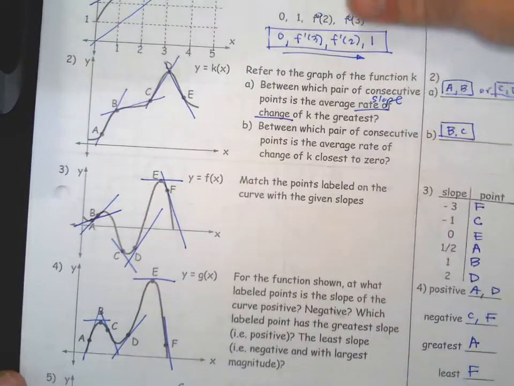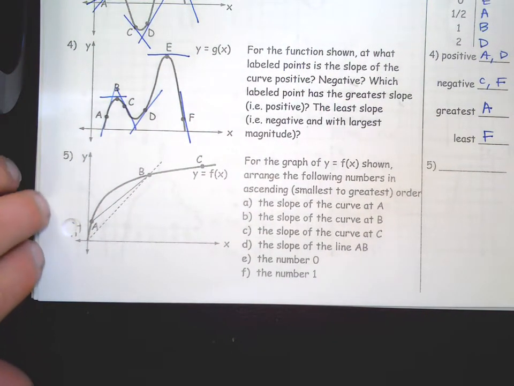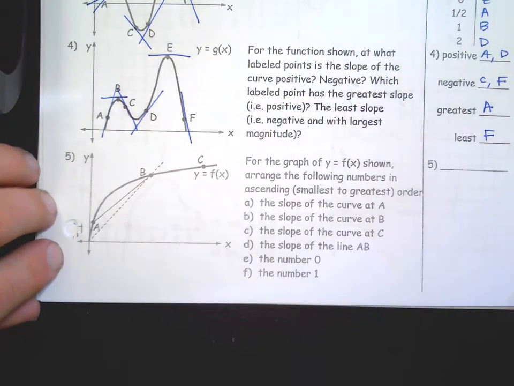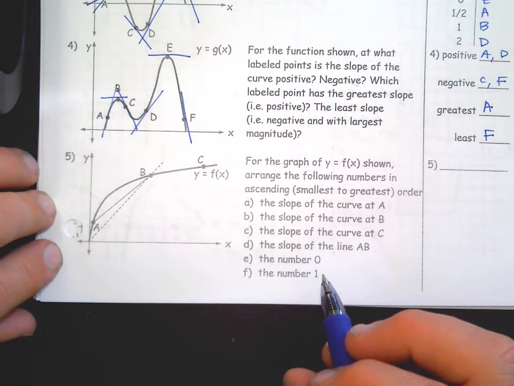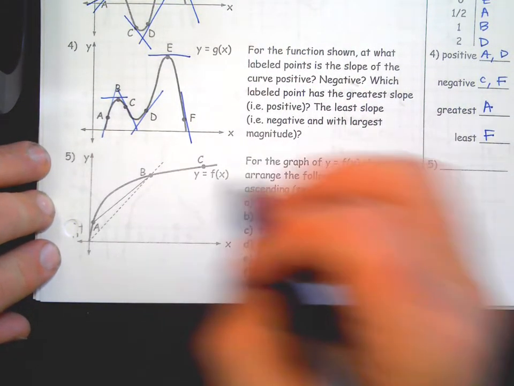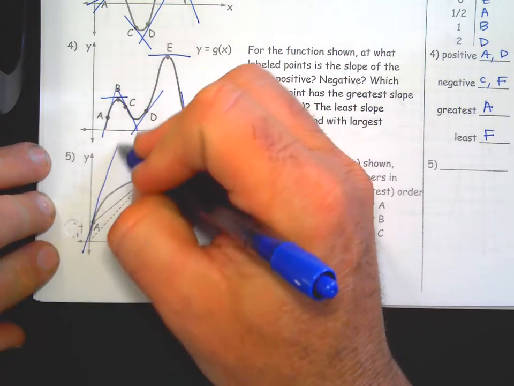Number 5 says, for the graph of y equals f of x shown, arrange the following numbers in ascending, smallest to greatest, order. So this kind of reminds me of the first problem. Slope of curve A would be that.